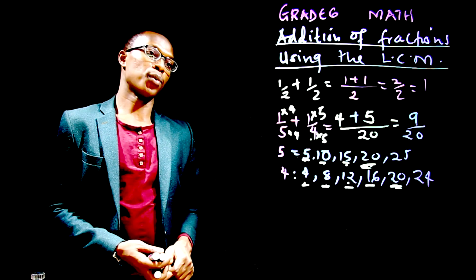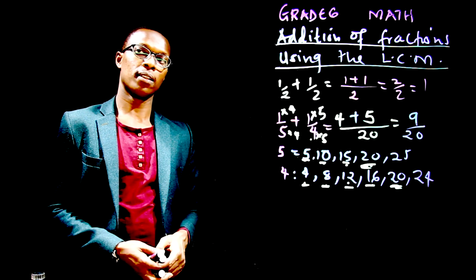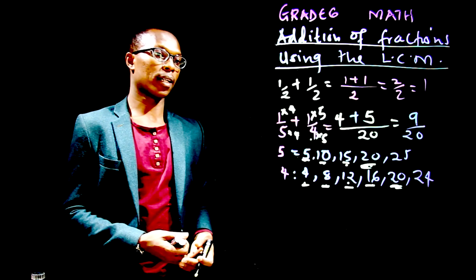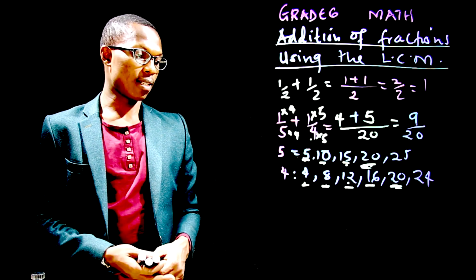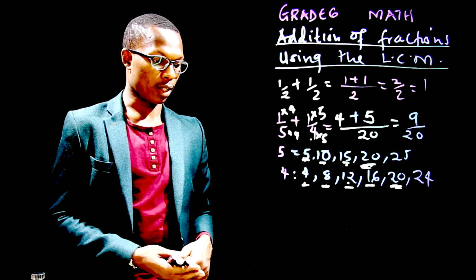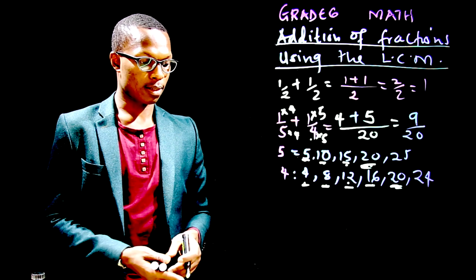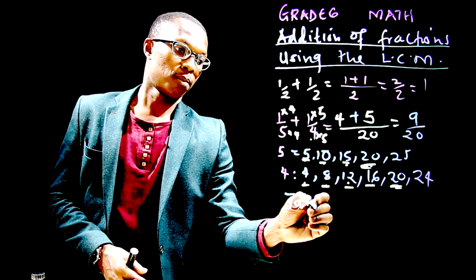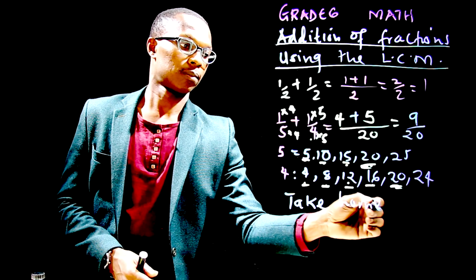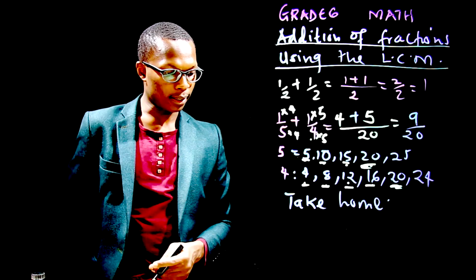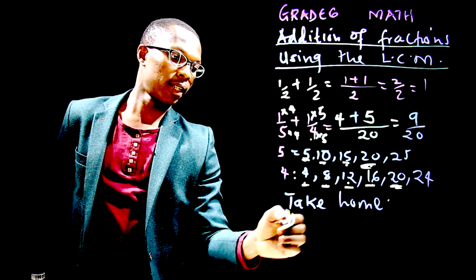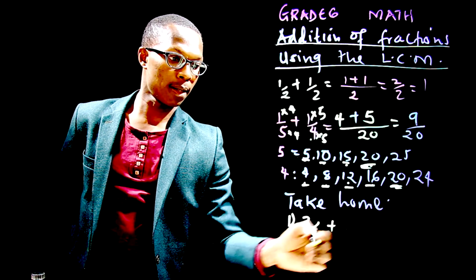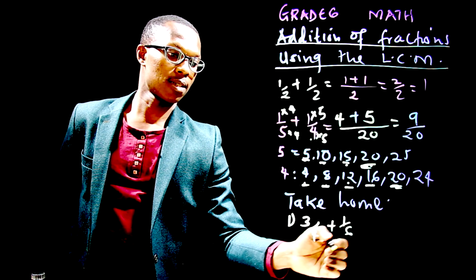I'll just leave you with that one example. So I'll give you some take home so that you can also practice working on them. The more you practice, the better it gets with math. Okay. So this is going to be your take home. Number one, I want you to add these two fractions, 3 over 4 plus 1 over 6.